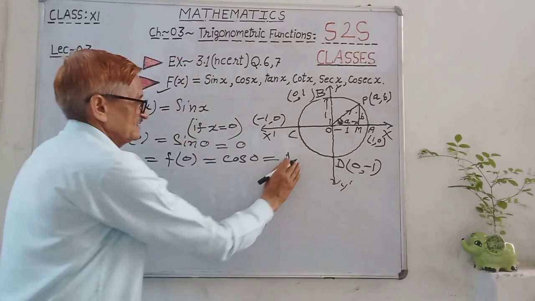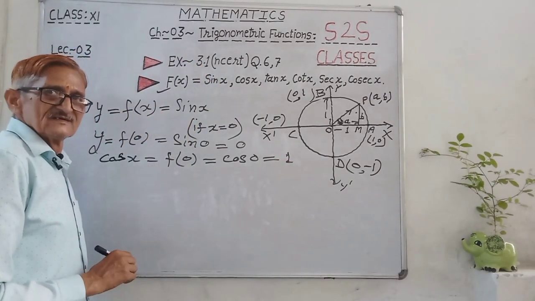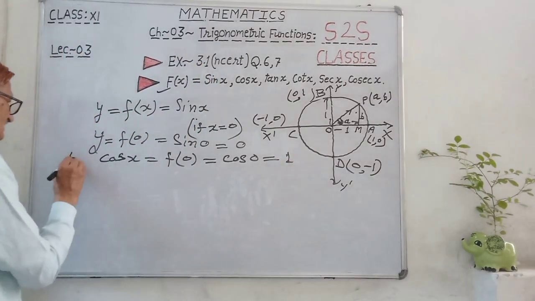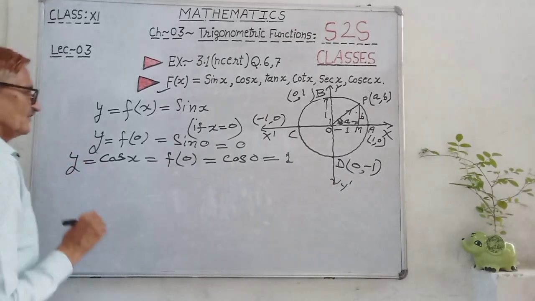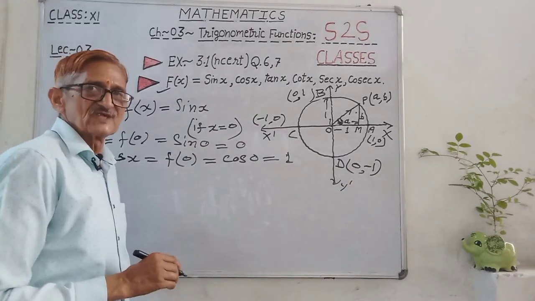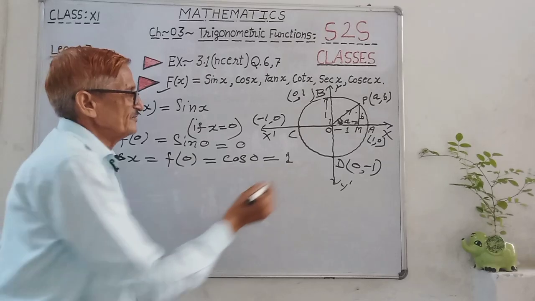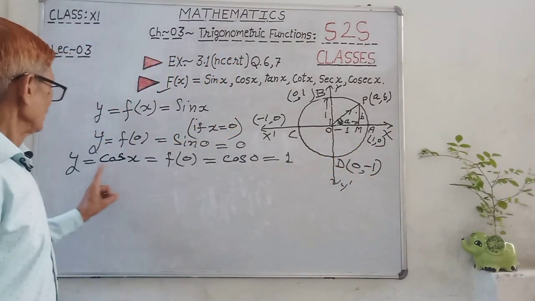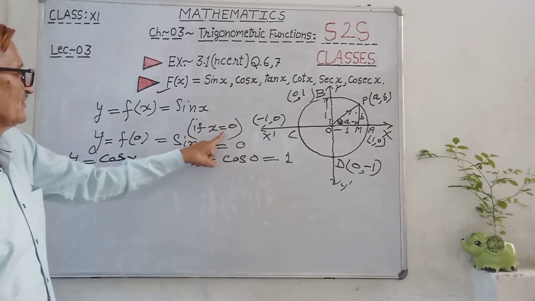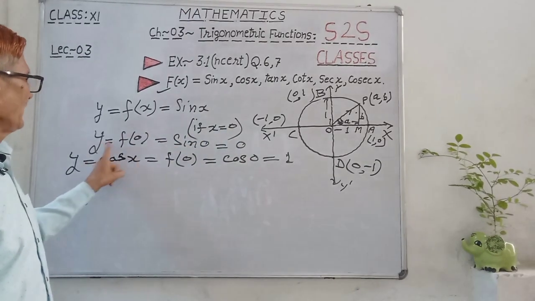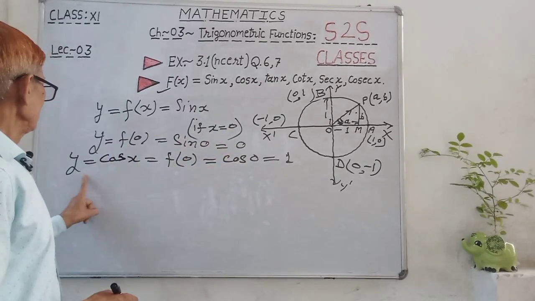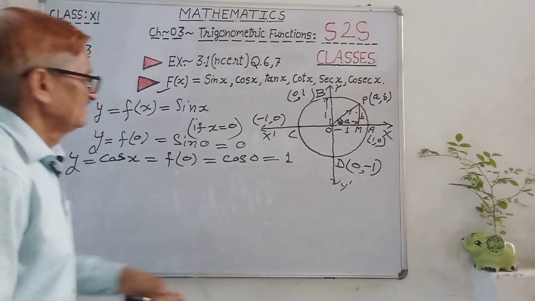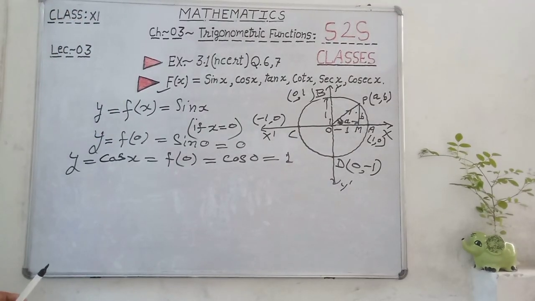We know what is cos 0? 1. तो y is 1 for cos x फंक्शन. तो इसका मीनिंग क्या हो गया कि 1, 0 है कोऑर्डिनेट, तो यहाँ पर बन गया x कोऑर्डिनेट एंड यहाँ y कोऑर्डिनेट 0, यहाँ 1. इसकी वैल्यू आउटपुट 0, आउटपुट 1.